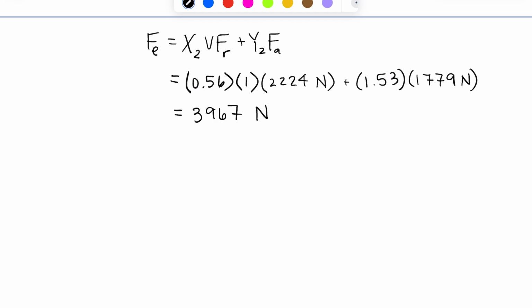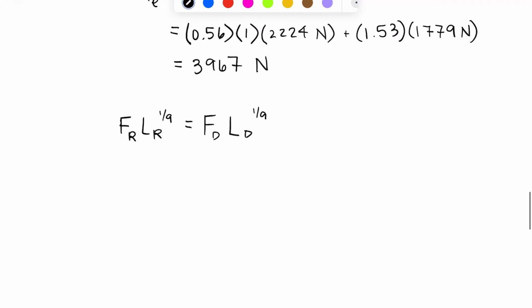Now, we can use the equation that we developed in our lecture on bearing life, which was Fr times Lr to the 1 over a power equals F desired times life desired to the 1 over a power. And we have everything that we need to plug in here and solve for our desired life. So let's do that.